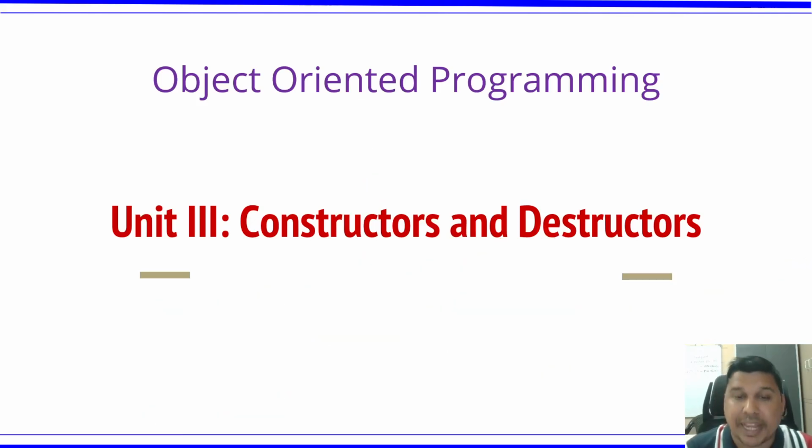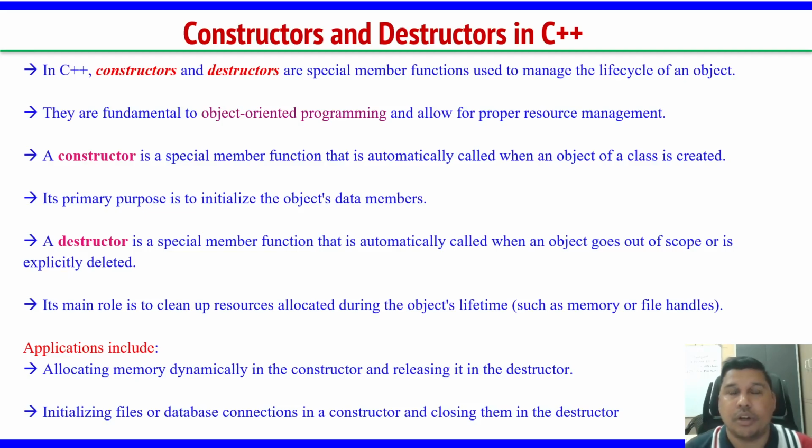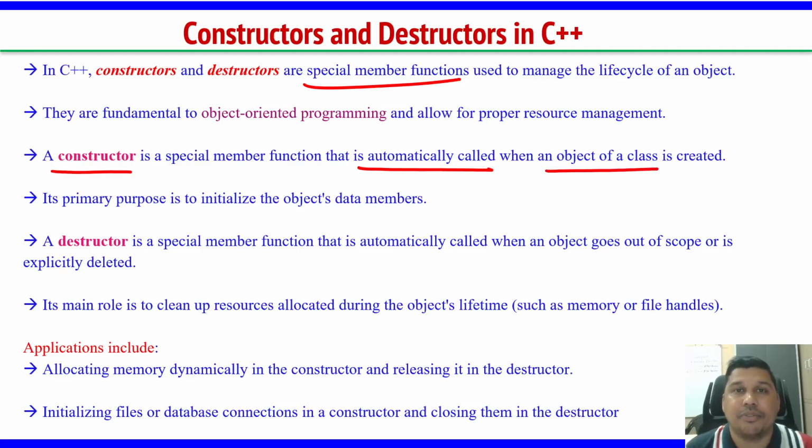Let's see the applications of this constructor. Once again, they are special member functions. A constructor is a function that is automatically called when an object of the class is created. Its main job is to initialize the object's data members. There is a class, and there are some variables inside that class. I want to initialize them with some default values when the object is created.